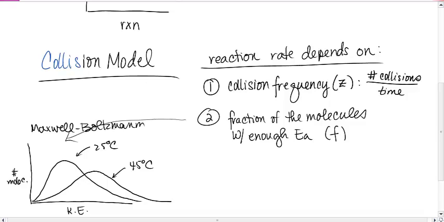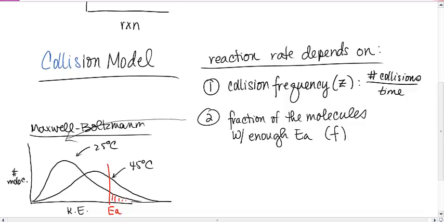The reason that this applies is that if we're thinking about activation energy, let's say that they're hitting hard enough, they have enough activation energy if the amount of kinetic energy they have reaches this level. So we'll call that E sub A. If that's E sub A, you can see that at 25 degrees, there's just this little tiny amount of molecules that have enough energy that will literally hit hard enough for bonds to break and new bonds to form.